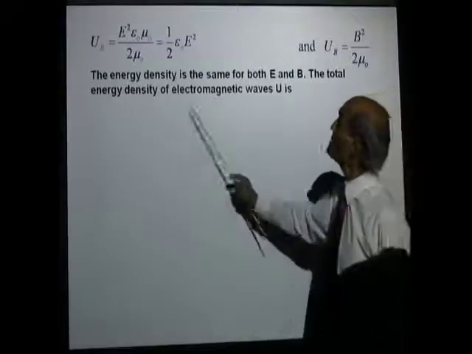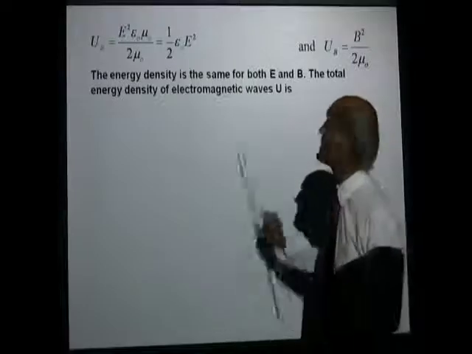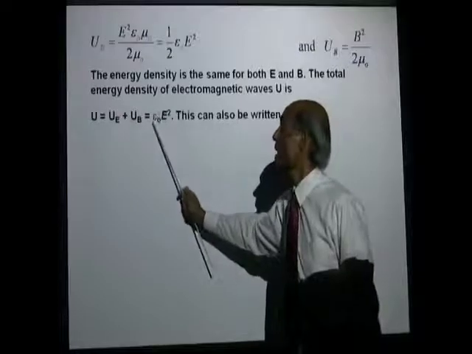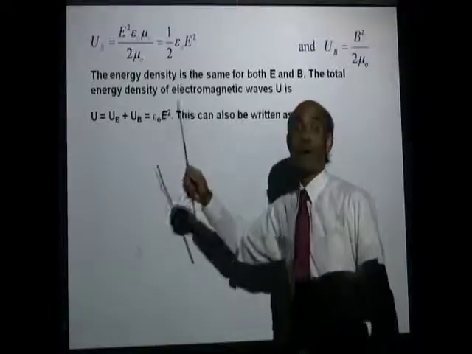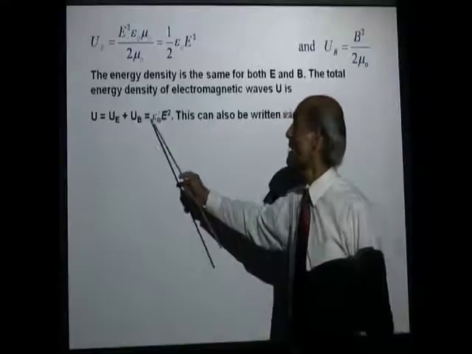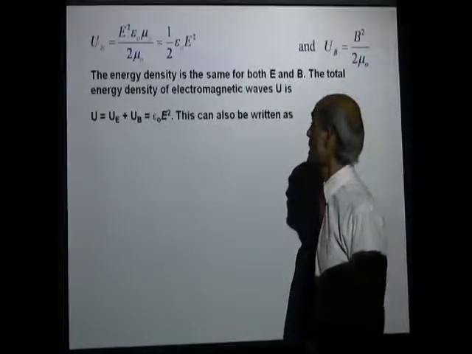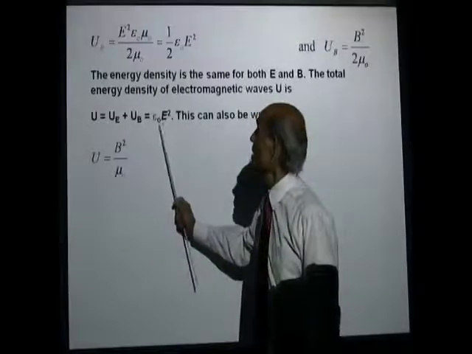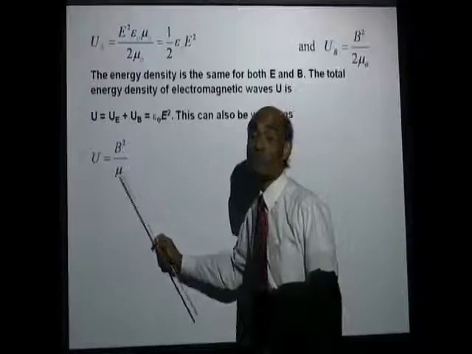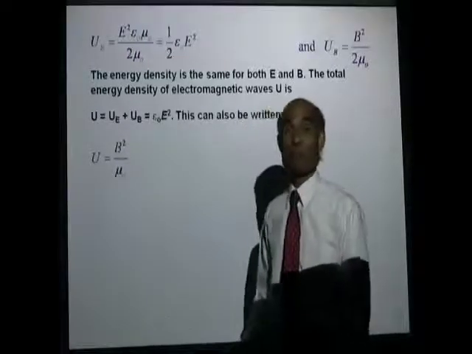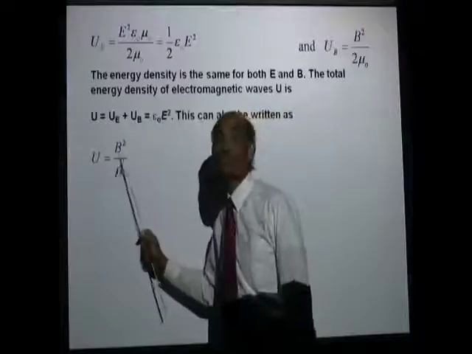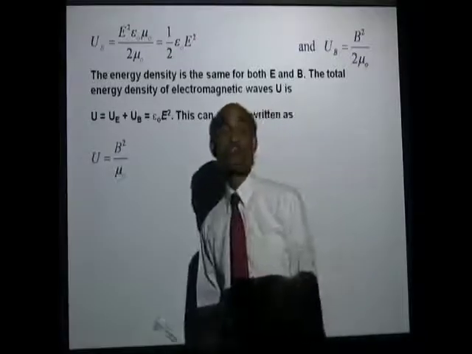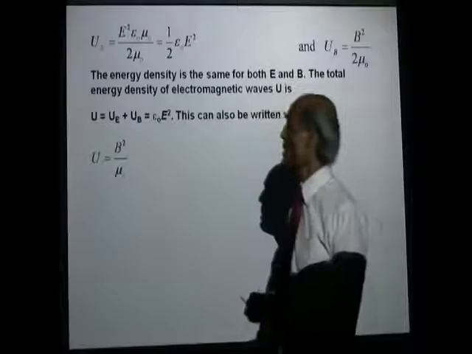The total energy density of the electromagnetic wave U is the sum of the two, U sub E plus U sub B. That is 1/2 epsilon naught E squared plus 1/2 epsilon naught E squared, which is epsilon naught E squared. And you can write this also as B squared over mu 0. Epsilon naught E squared and B squared over mu 0 are both the same, using the relation E equal to C times B, and of course C equal to 1 over square root of mu 0 times epsilon naught.